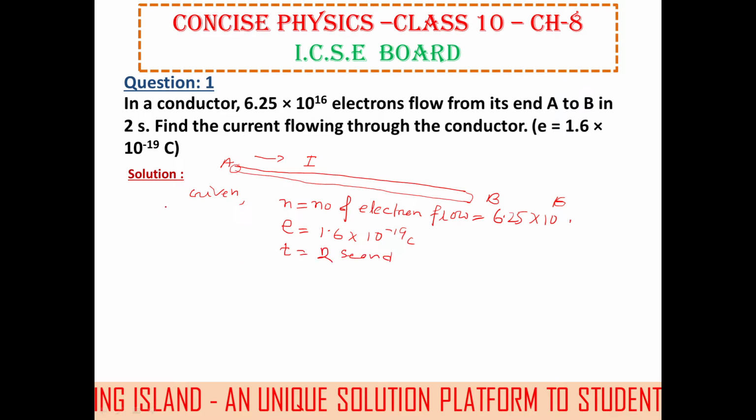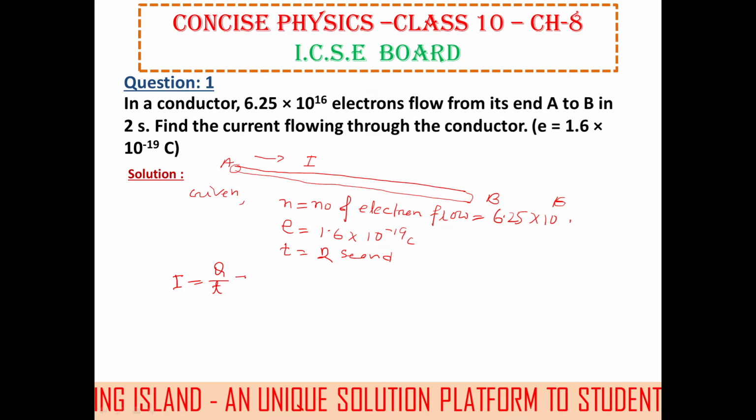If you watch my fundamentals video on this topic, you will find a derivation and a formula, I equal to Q by t, where Q is the total charge in coulomb and t is time. So the charge flow per second is called the current.